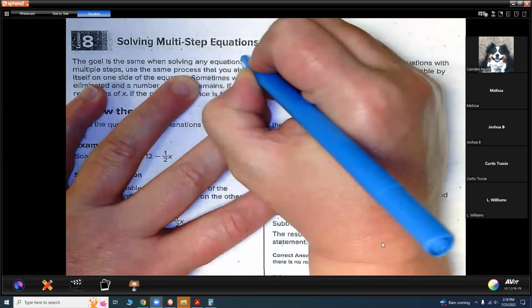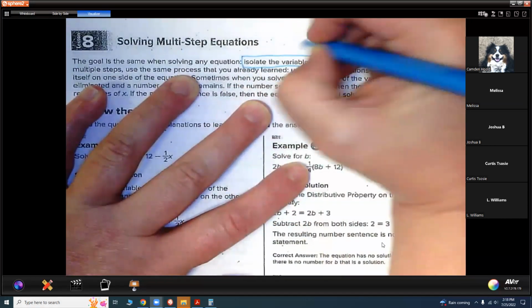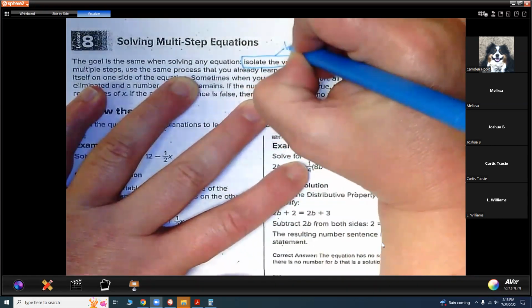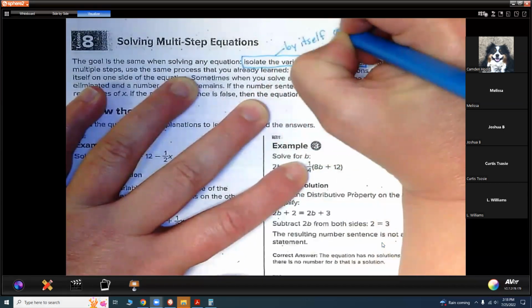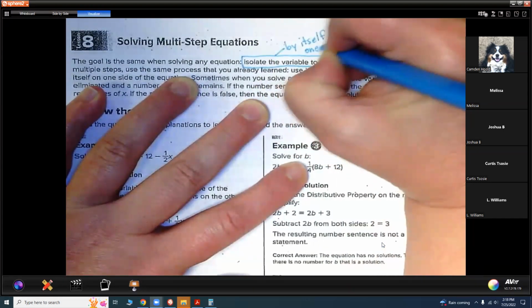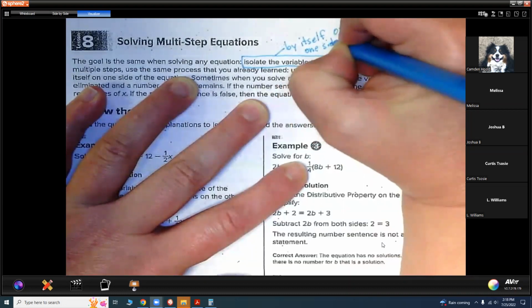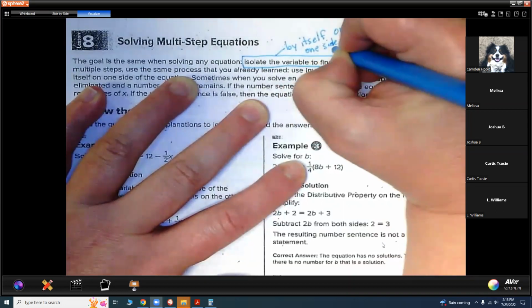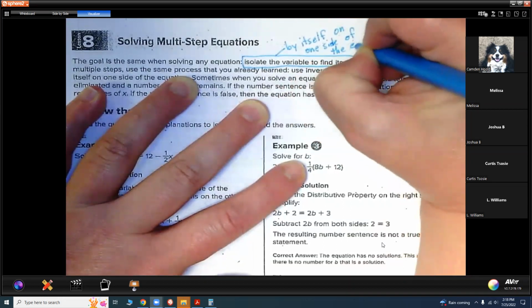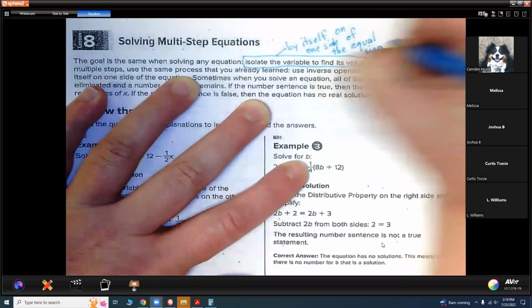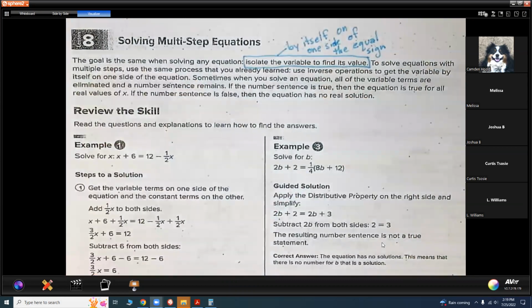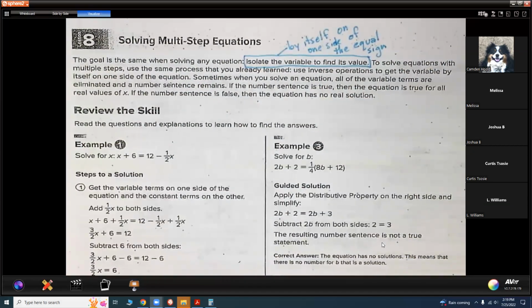Here we're saying the variable is by itself on one side of the equation.